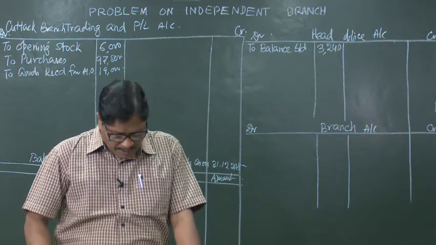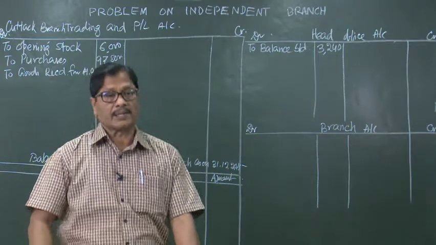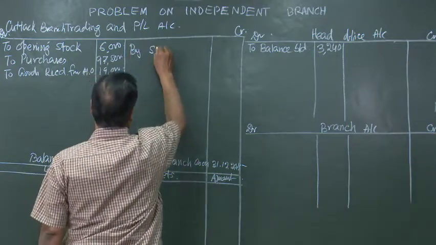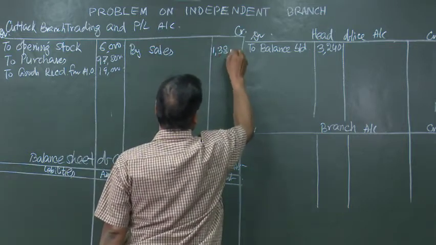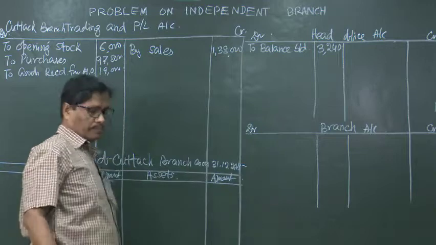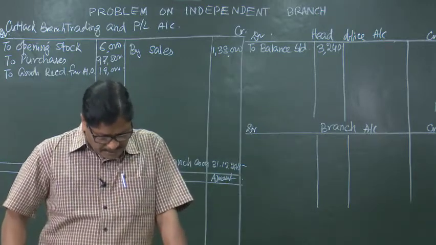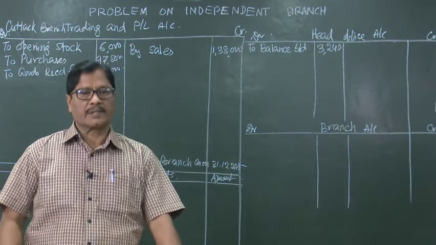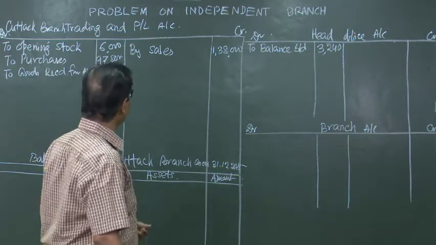Goods supplied to head office, sales 1,38,000, by sales 1,38,000. Sales 1,38,000, then goods supplied to head office 6,000. That means goods returned by the branch to the head office 6,000.